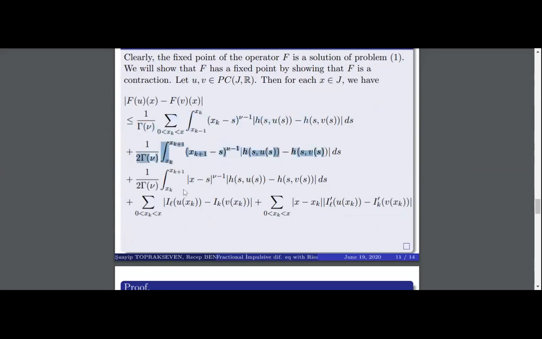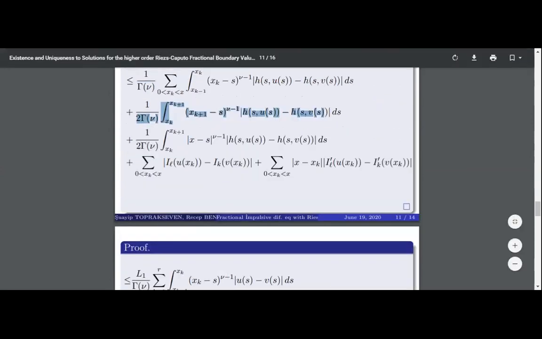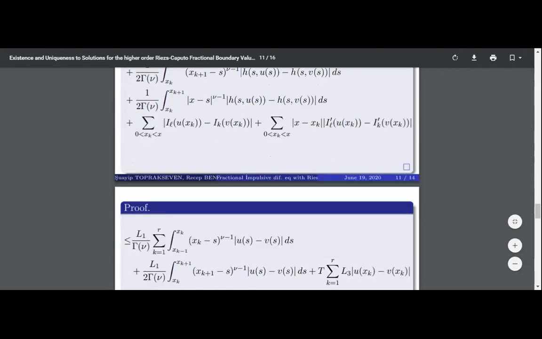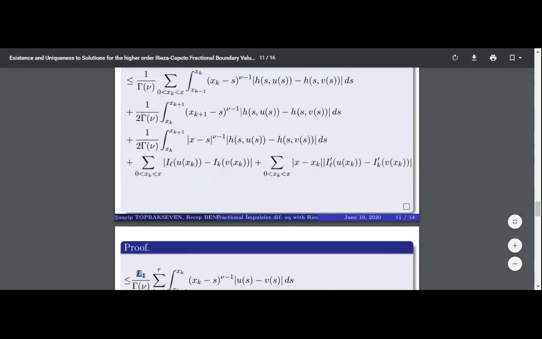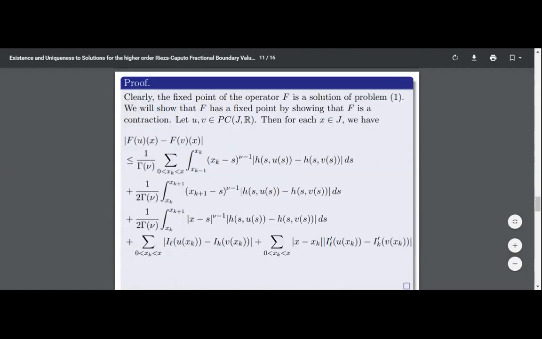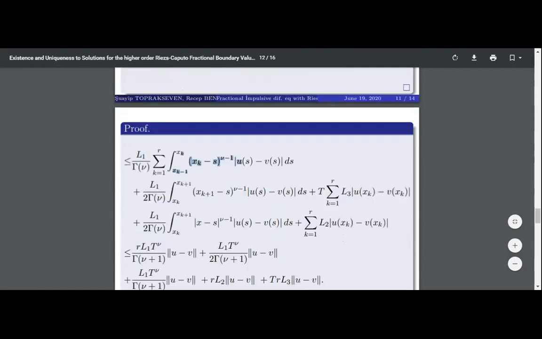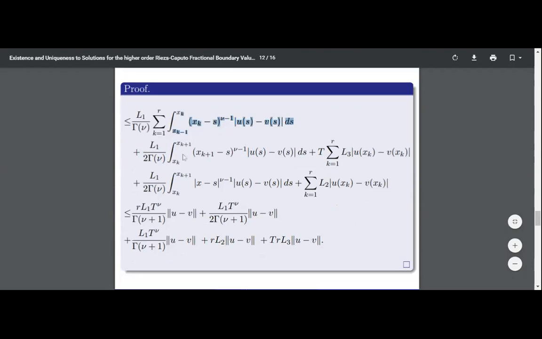We use here that H is Lipschitz with Lipschitz constant L1, which gives this, and we calculate this here.